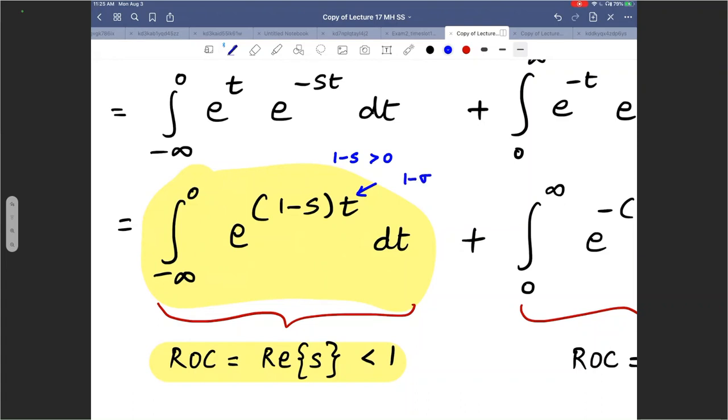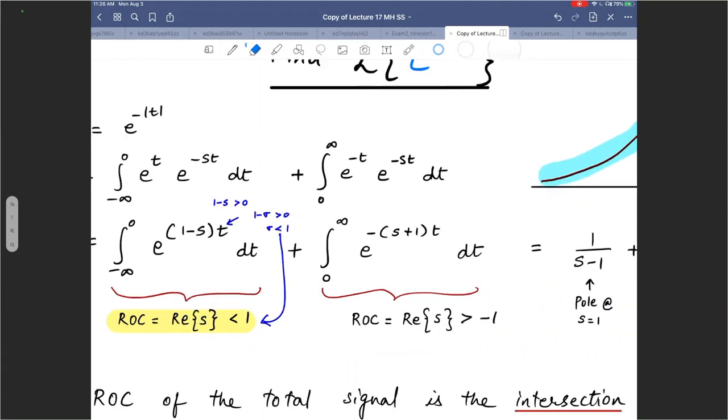Sigma is what contributes to the magnitude, should be greater than 0. Or sigma should be less than 1. That's how we get to this. So you have to evaluate where the time is. Time is negative, between negative infinity and 0. Then you evaluate the limits on the coefficient of t. All right, let me erase this and let's go back. Okay, so that's how you get the region of convergence here.